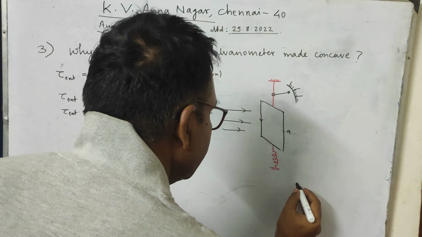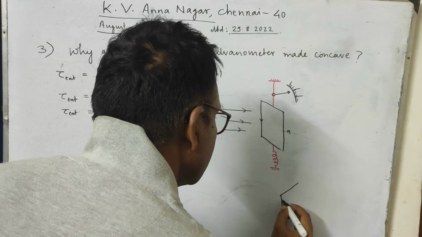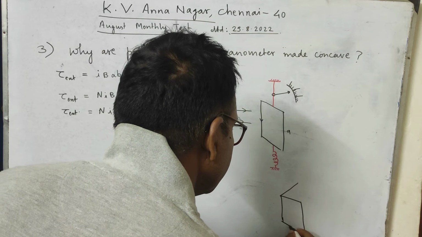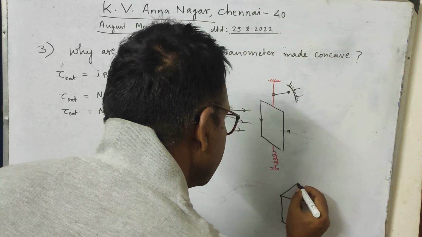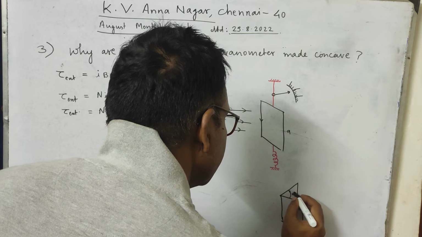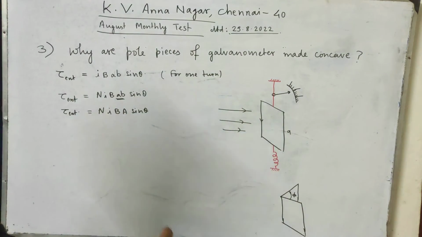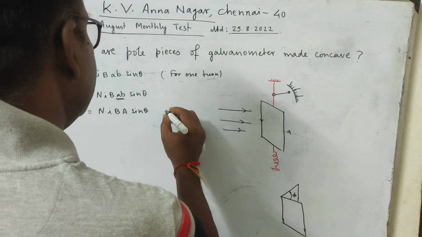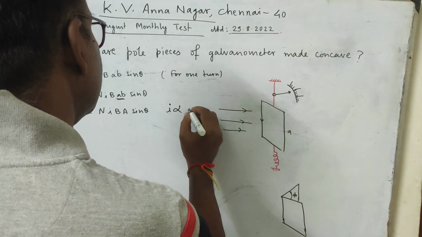Suppose when there is no current, it is at this position. When current flows, it moves like this by phi angle. So the more the current, the more should be the deflection. That means I should be proportional to phi.